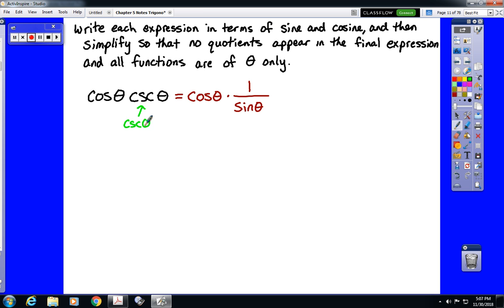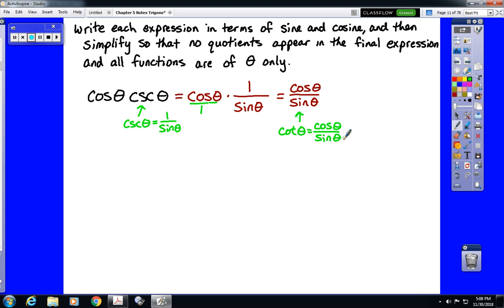It's not always going to cancel. But, using what we know about fractions, if I multiply 2 fractions together, and yes, this is a fraction, it's cosine over 1, I multiply across the top and across the bottom. So that would give me cosine over sine. Cosine over sine is cotangent.